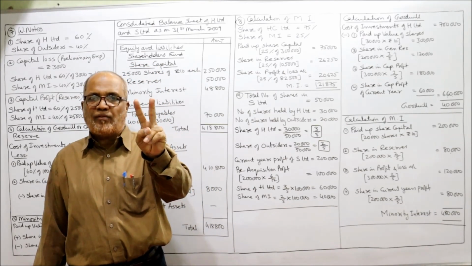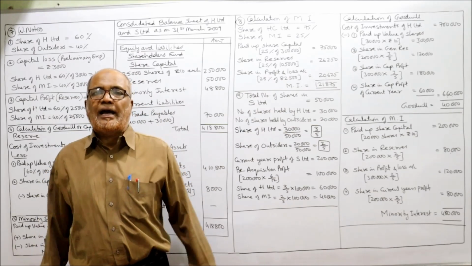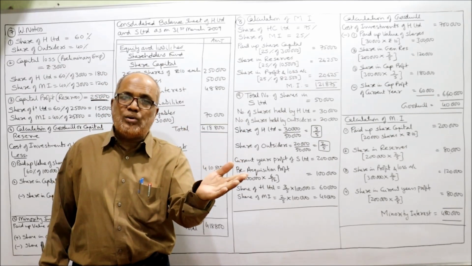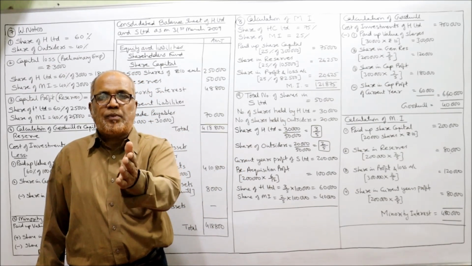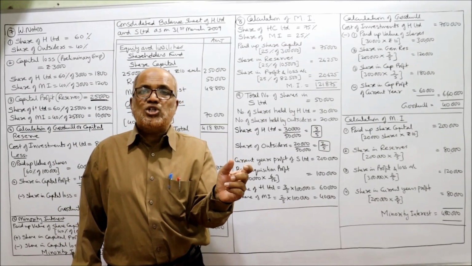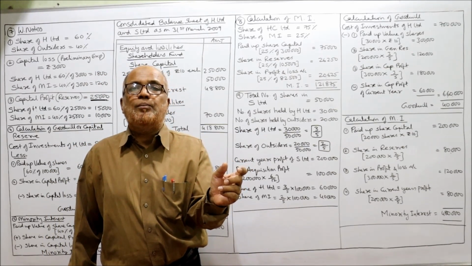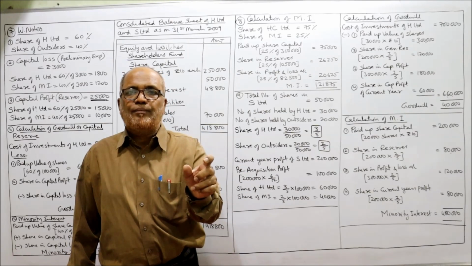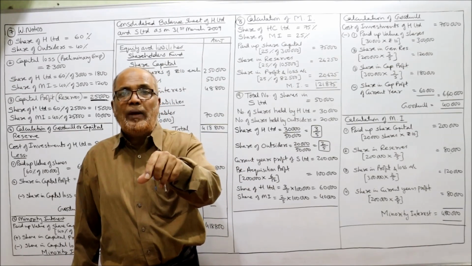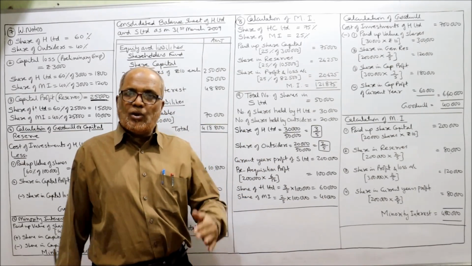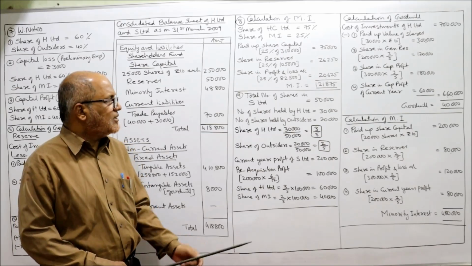Half of 2 lakh, 1 lakh. So 1 lakh rupees profit pre-acquisition and 1 lakh rupees profit post-acquisition. Pre-acquisition profit is a capital profit, and we calculate the goodwill by taking into account capital profit. That's the problem. Now, one by one, step by step, we'll see the solution.